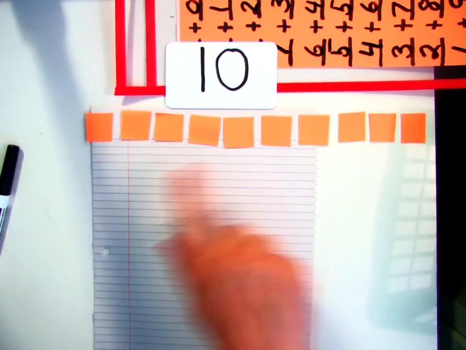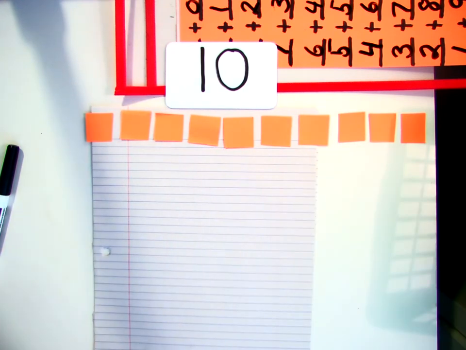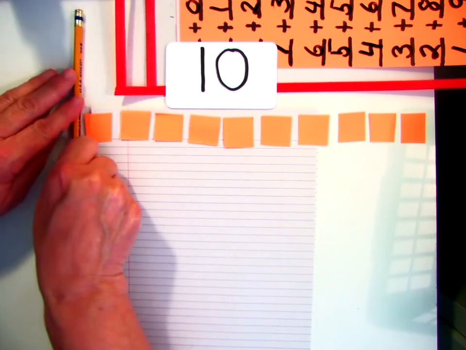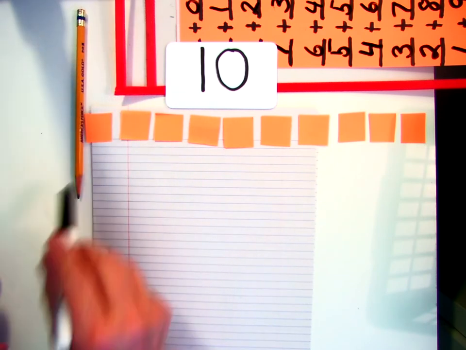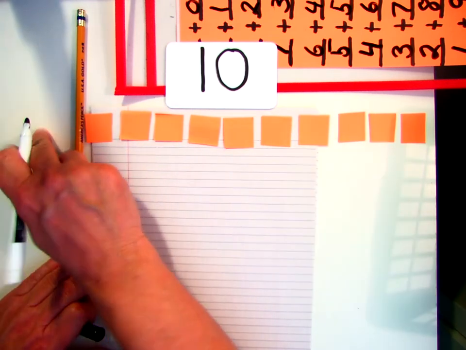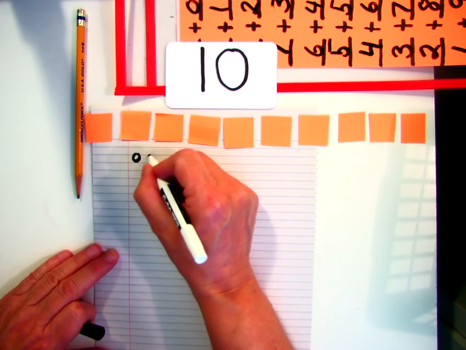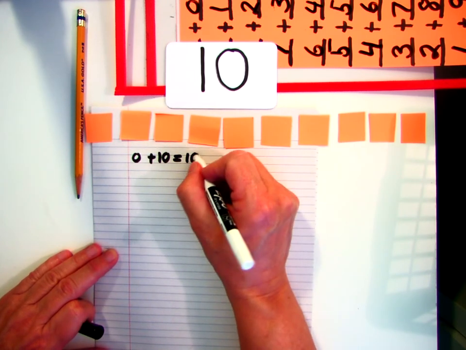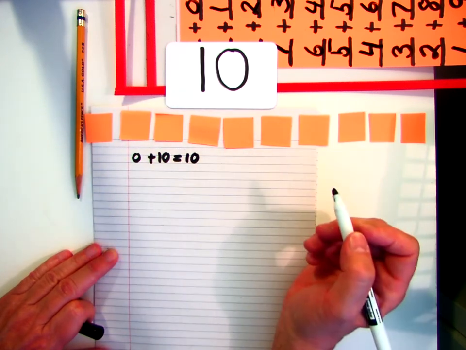Okay, so we have 10 squares, and now you can take a pencil to be your dividing stick, your separation stick. I'm going to do this first because that shows me nothing on this side, 10 on this side. 0 squares plus 10 squares equals 10 squares. 0 and 10 are partners of 10.